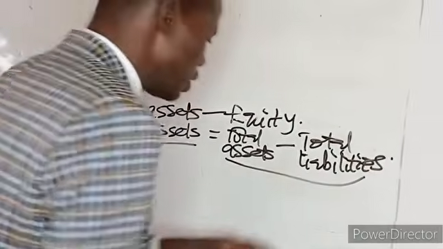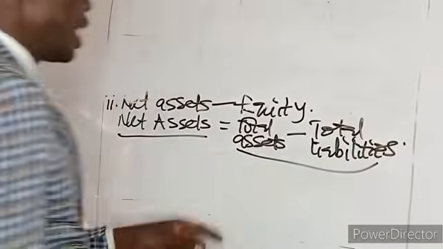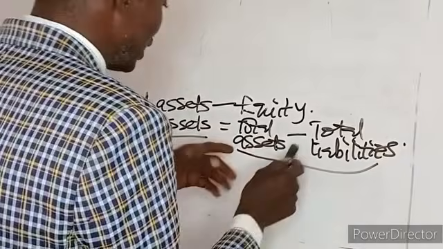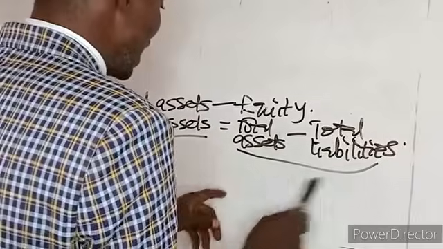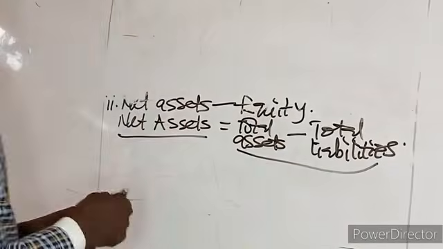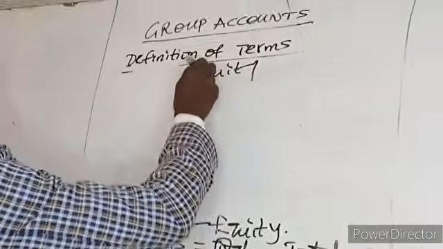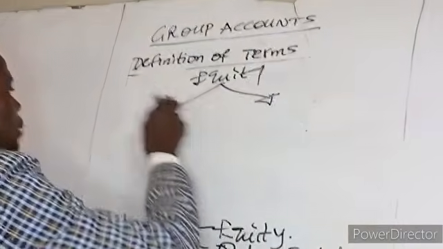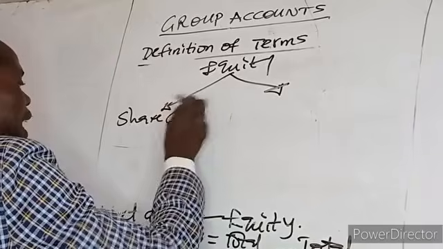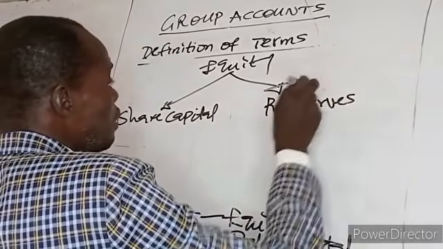For better understanding, you can watch my presentation on IAS 1 if you need more explanation on equity. In that note, I've told you that equity has 2 components: the share capital and the reserves.